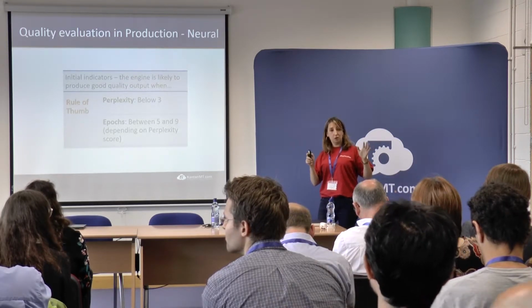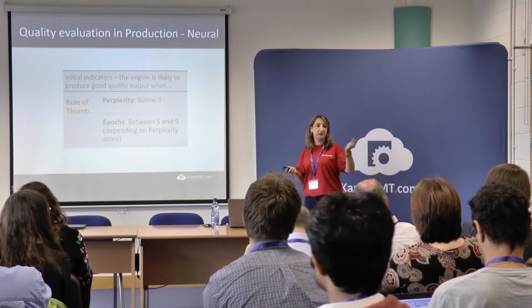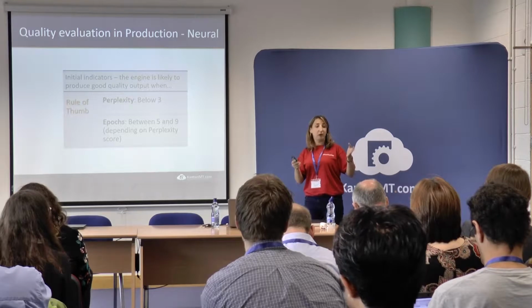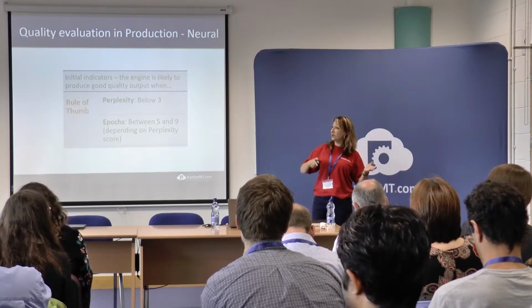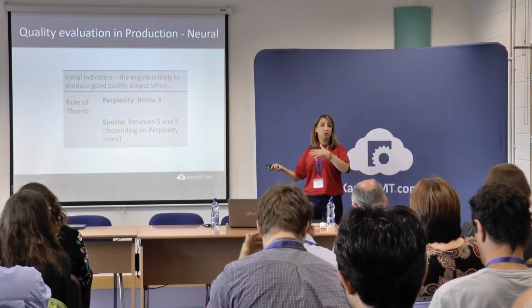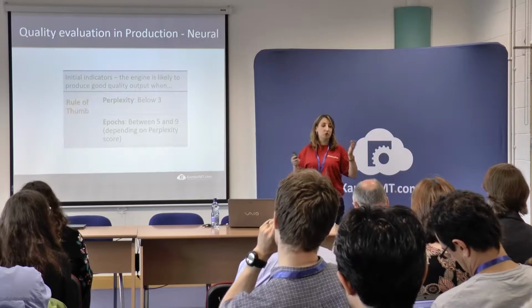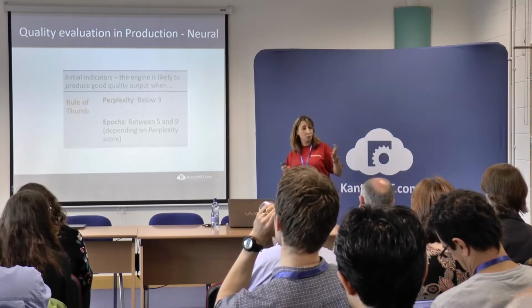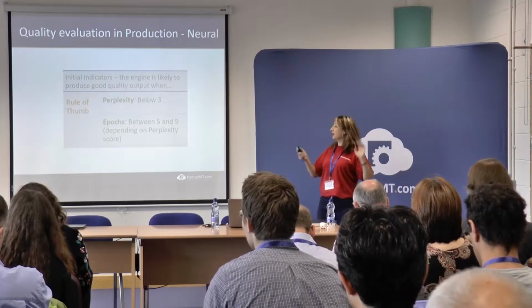In many cases, for instance with Kantan Fleet, we know we have a great Kantan Fleet SMT engine, and we know that if it becomes neural, it's going to be even better, whether the BLEU score says so or not. We will still evaluate it, but sometimes we work like that.